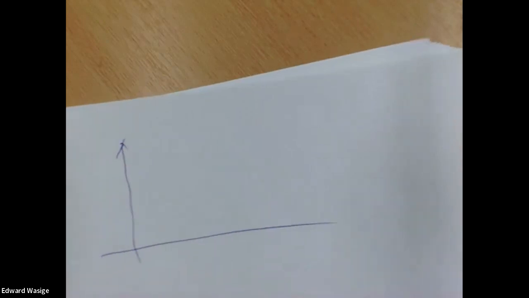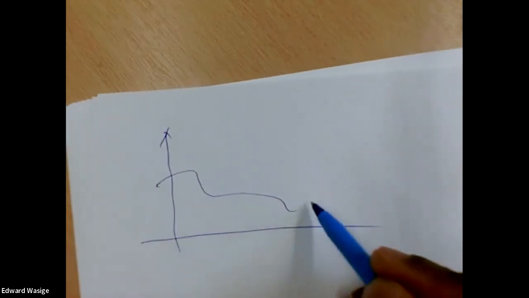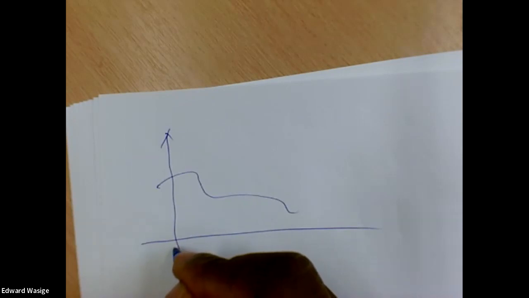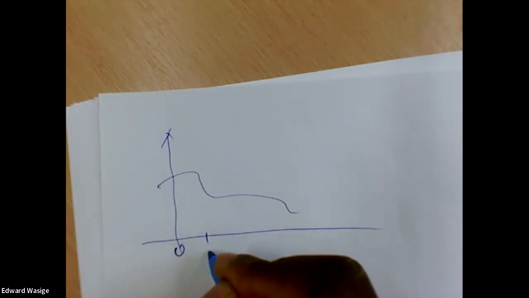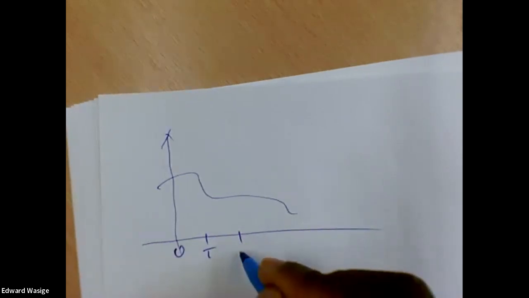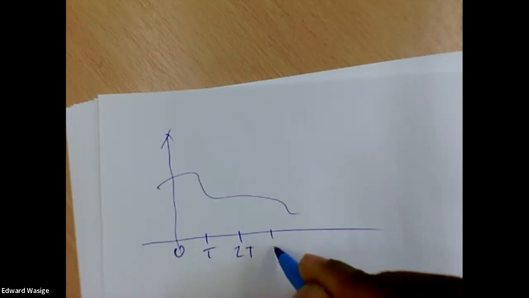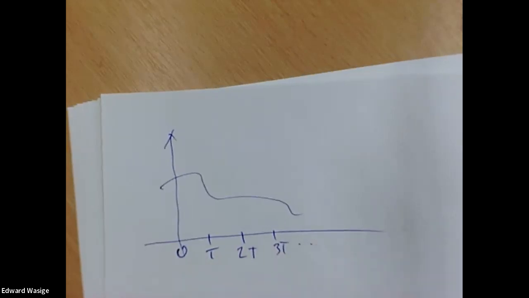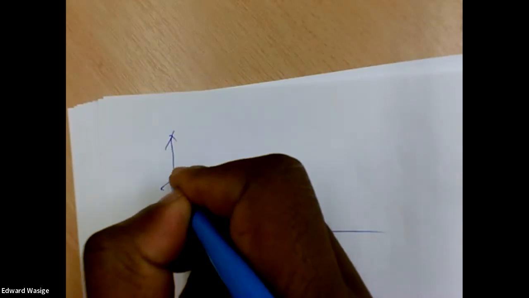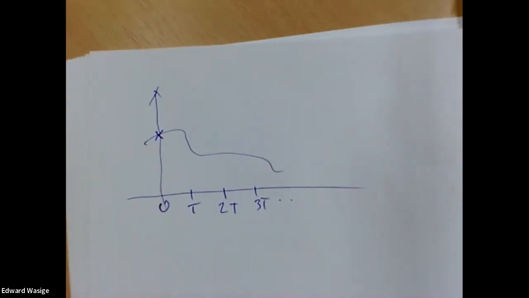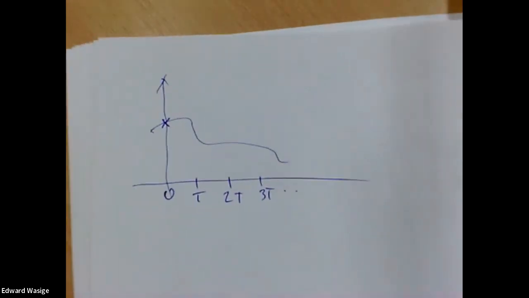So we'll do an illustration of what happens within an ADC. If that's time 0, the first sample, the second sample, the third sample, and so on. For the first sample, we get the amplitude of the signal and we digitize it.